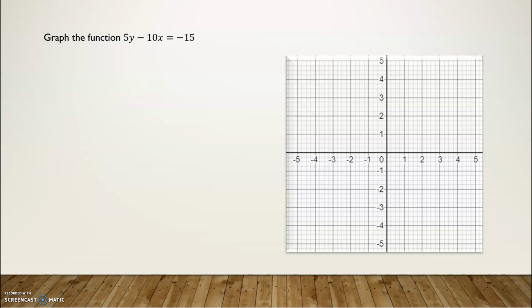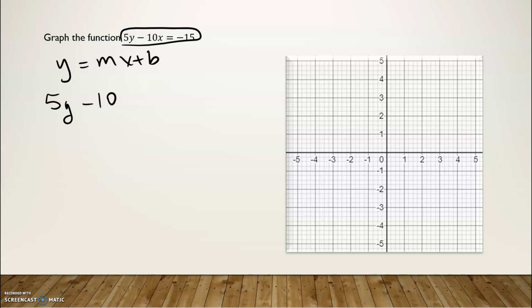Okay, now let's take a look at this right here. So we're going to graph it, but we're not going to use a t-table. We're actually going to try to put it into y equals mx plus b form. So in order to do that, I need to solve this for y. So 5y minus 10x minus 15, going to add 10x to both sides.